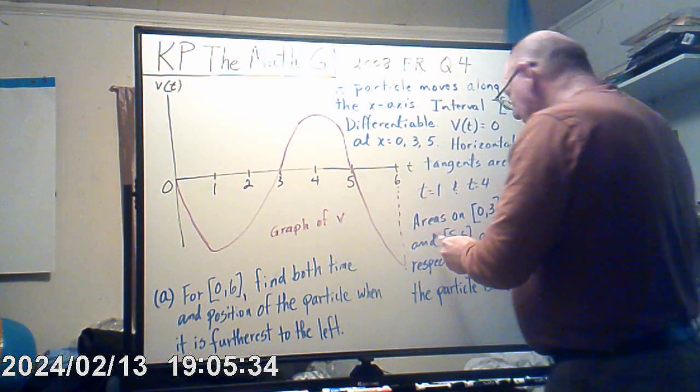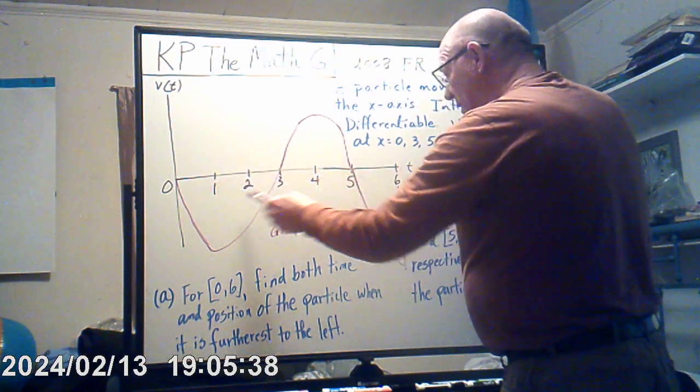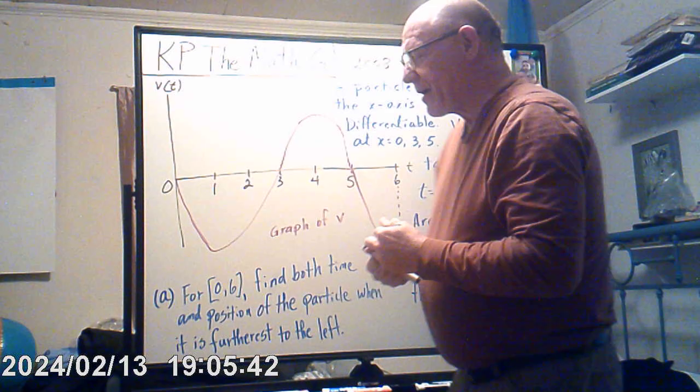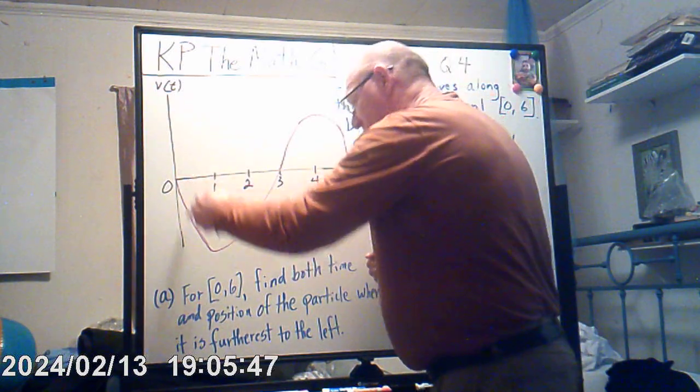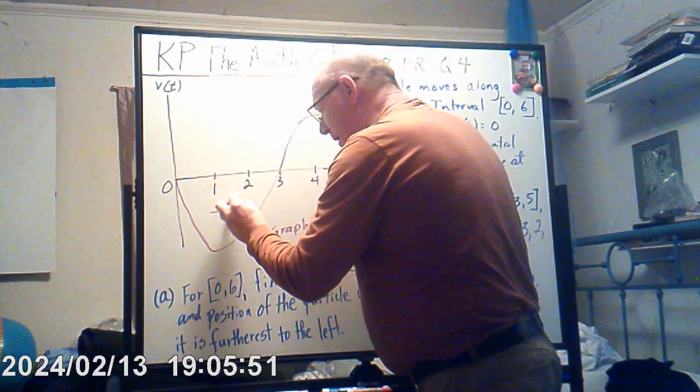There are areas on the closed interval between 0 and 3. This area is 8. But since v of t is less than 0 on this interval, we really want to say it's negative 8.